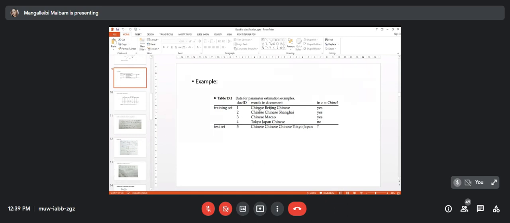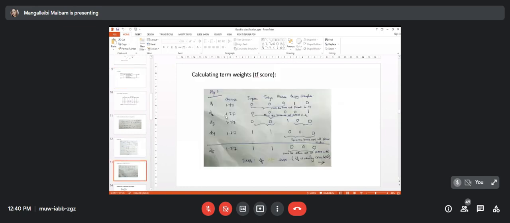For Chinese it is 1.77, for Beijing it is 1, and the rest of the terms in the table will be 0. Then for document number 2, you can calculate for Chinese and Shanghai. So the others will be 0 in the table. Since the other terms are not present in D2, those values will be 0.